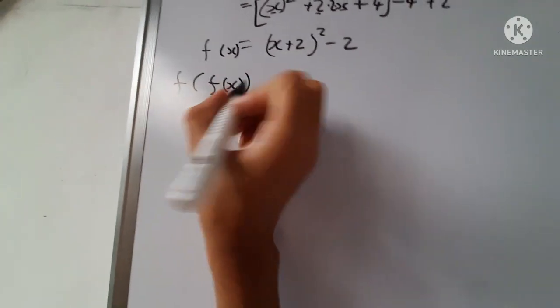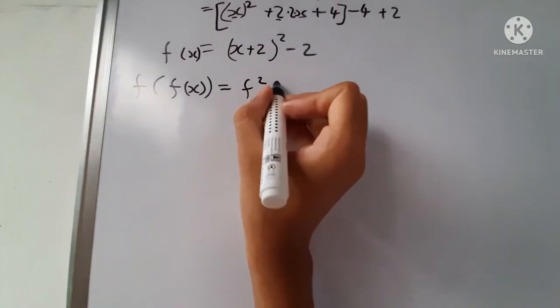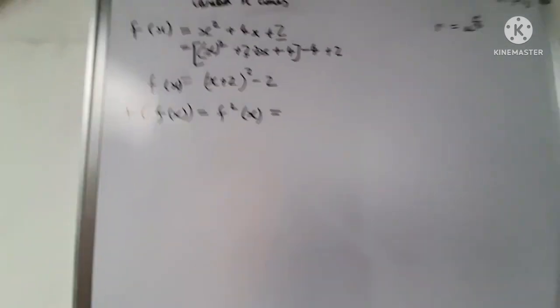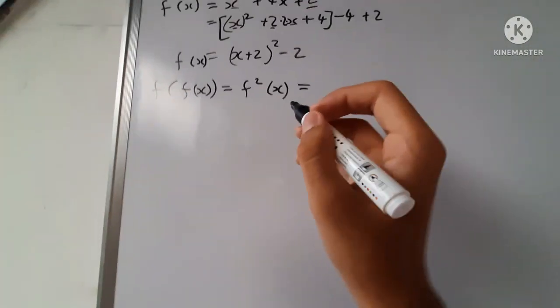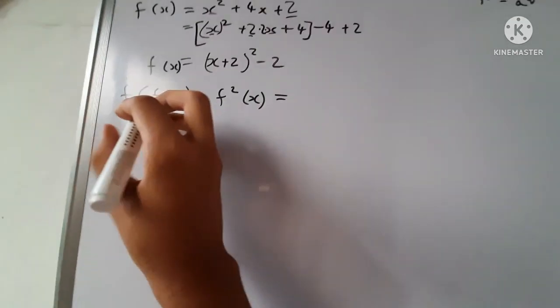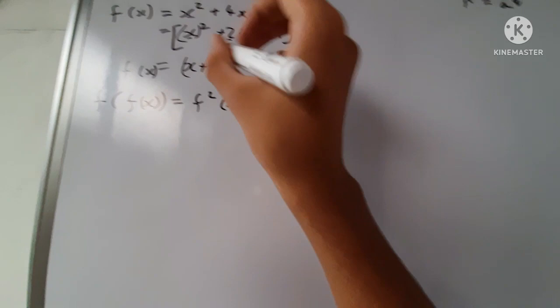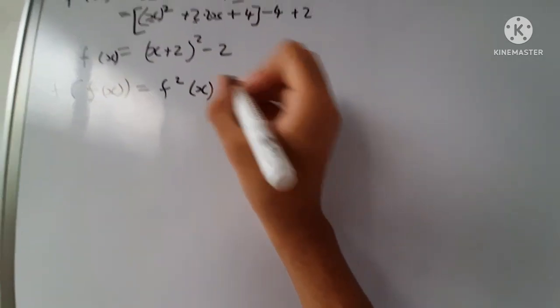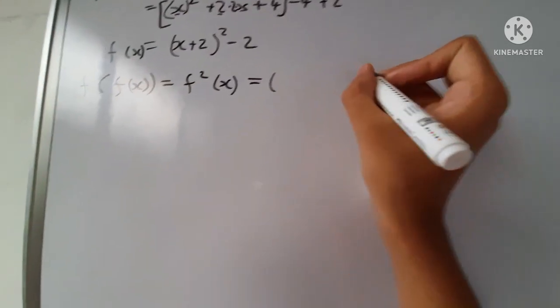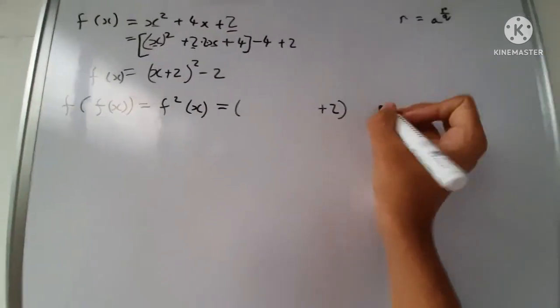So well, let's try f of f of x, which by the way we've defined as f2 of x. Here, in place of x we'll put f of x, and f of x is that. So we have something plus 2, squared, minus 2.